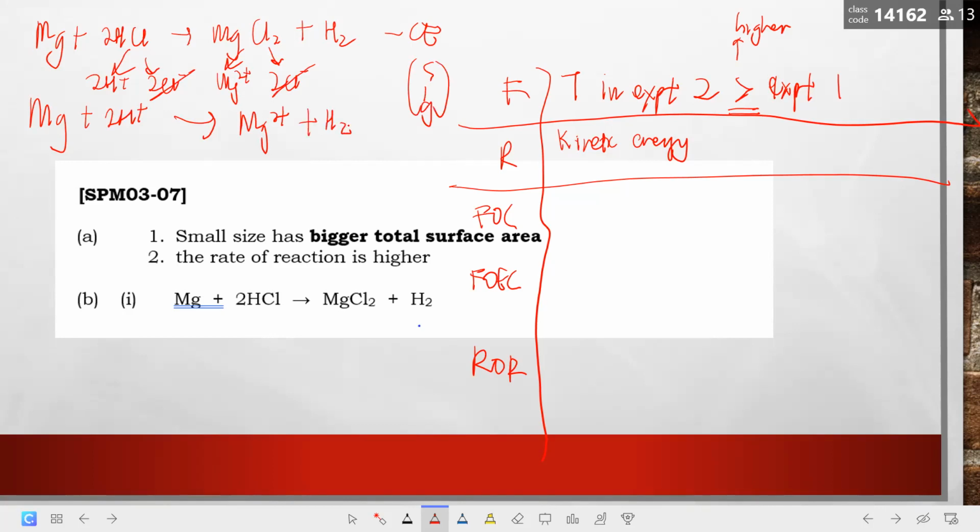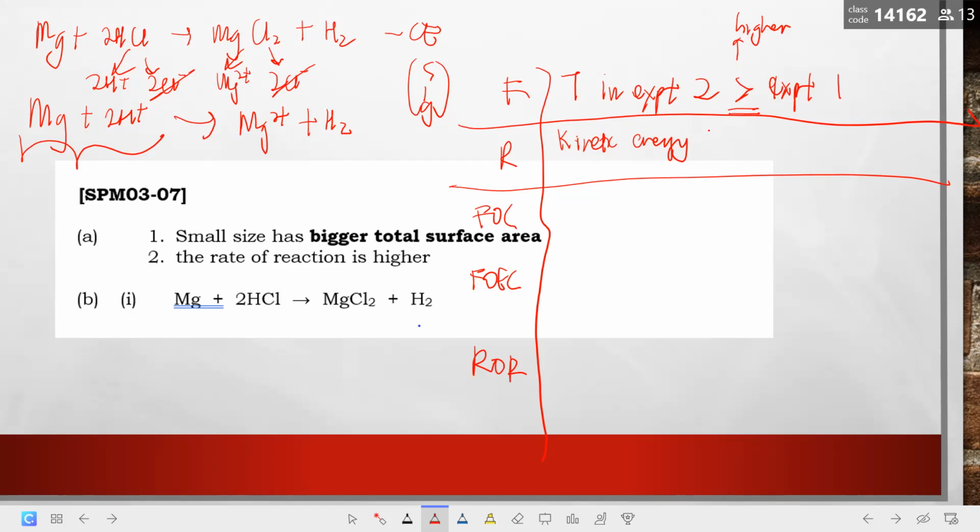So when we are doing reasoning, when we talk about particles, I always take my reacting particles. What are my reacting particles here? Mg and H plus. Very good.